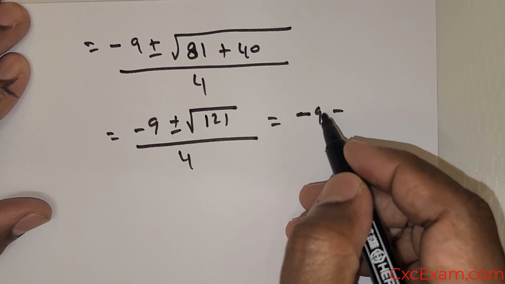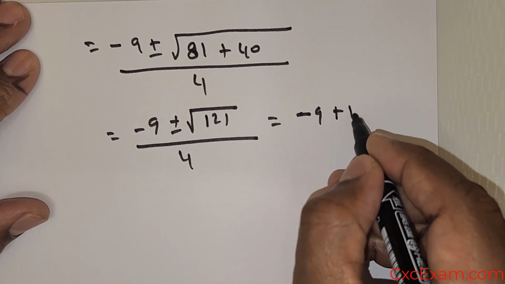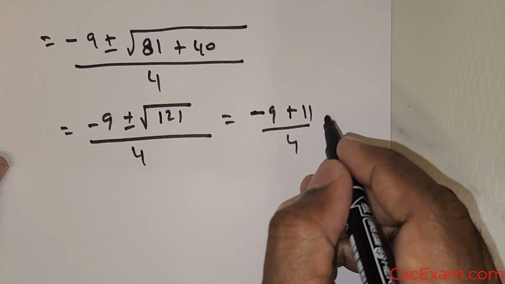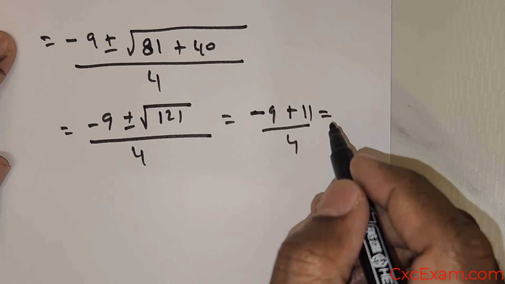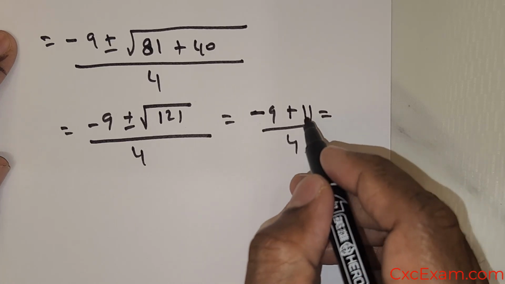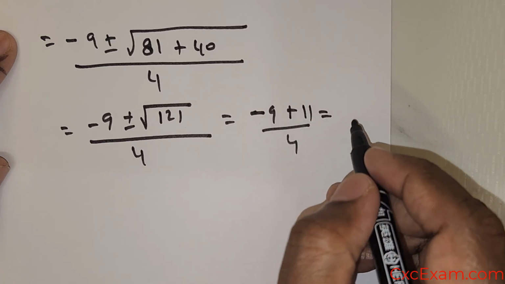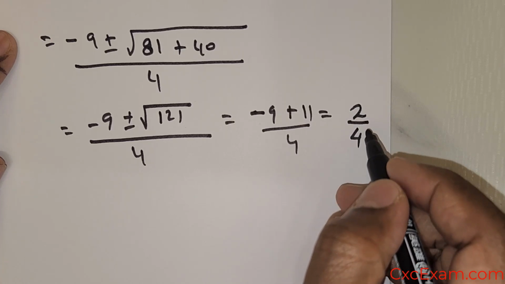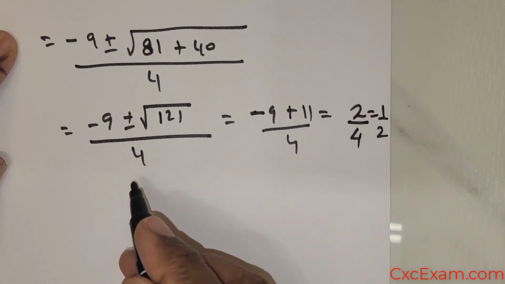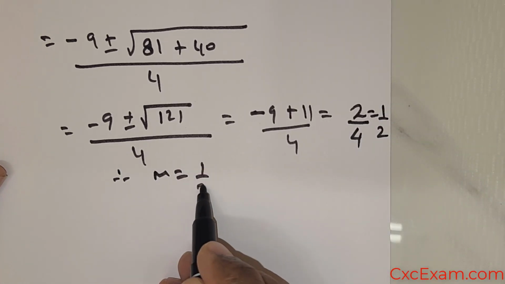Now square root of 121 is 11. So you have a positive 11 over 4, which I can rewrite as 11 added with negative 9 will give you 2, and you have to divide by 4, which is going to give you 1 over 2. So therefore m is equal to 1 over 2.